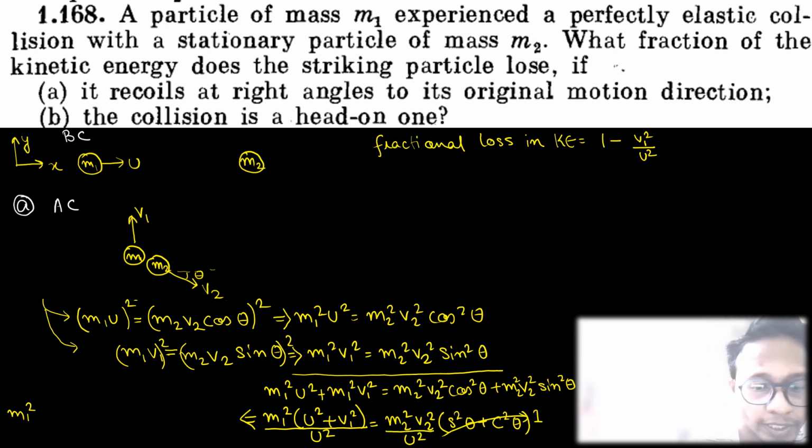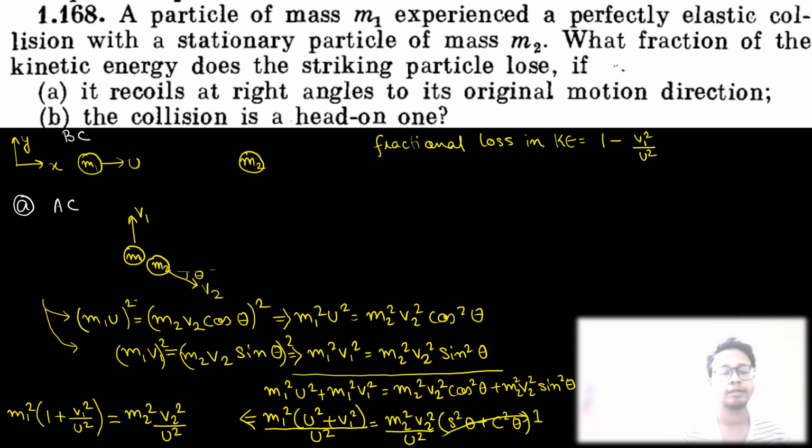It would be m1 square into 1 plus v1 square by u square, equals m2 square v2 square by u square. So this is the first equation that I get from conservation of momentum.